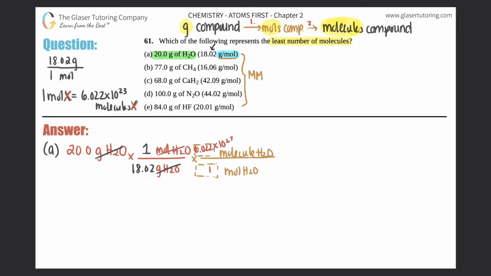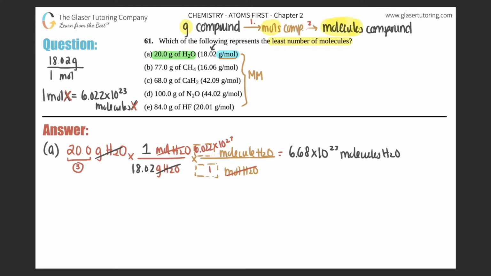So cross that off. And now we have the answer for A. If I just do this in one shot, 20 divided by 18.02 times 6.022 times 10 to the 23rd. We need 3 sig figs because that's what we started with. So your answer should be 6.68 times 10 to the 23rd molecules of H2O.